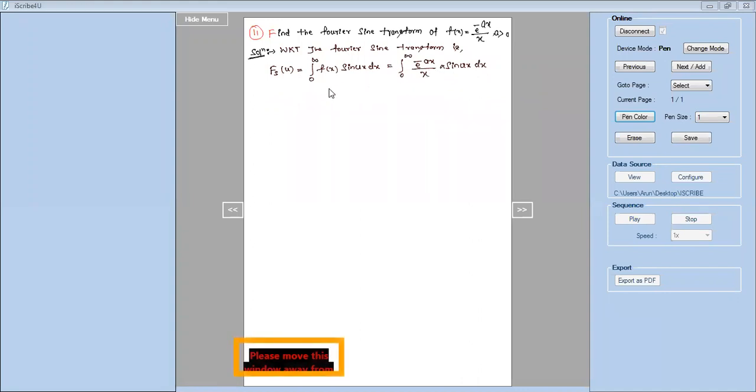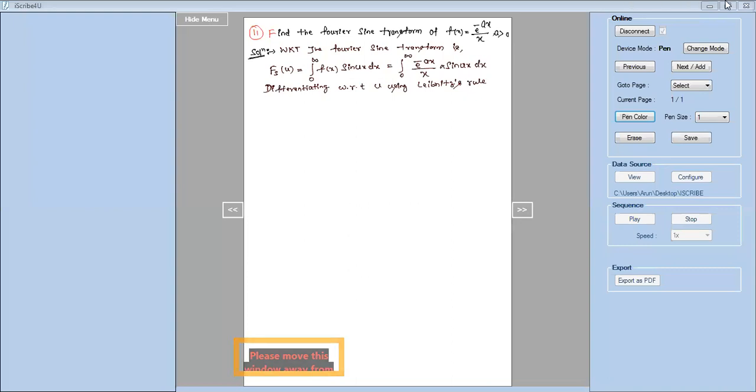So let us apply the Leibniz rule. We differentiate this with respect to u using the Leibniz rule of differentiation under the integral sign.